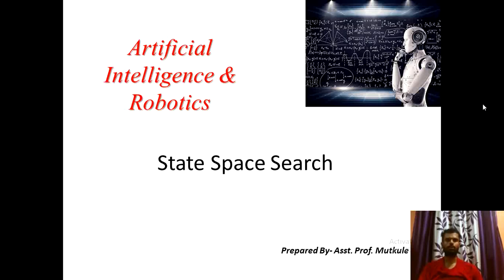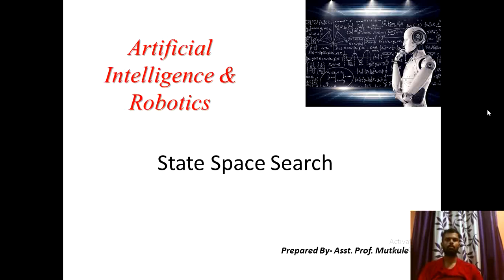Today we are going to discuss a new topic of our subject, that is artificial intelligence and robotic state space search. So what is meant by state space search? In artificial intelligence, the most important application of artificial intelligence is problem solving. So what happens in problem solving?